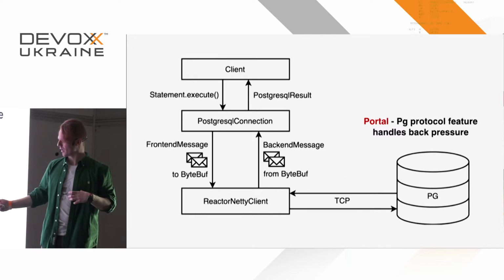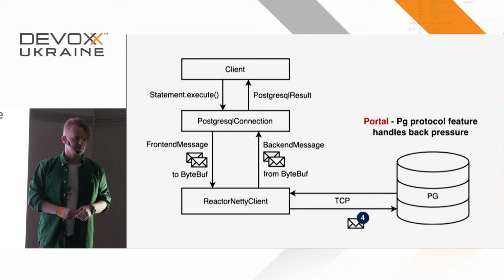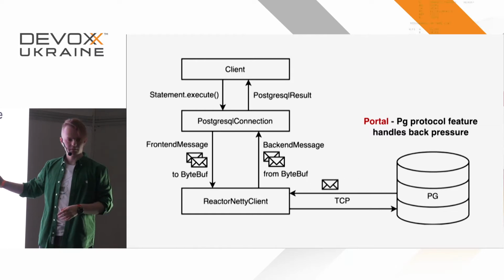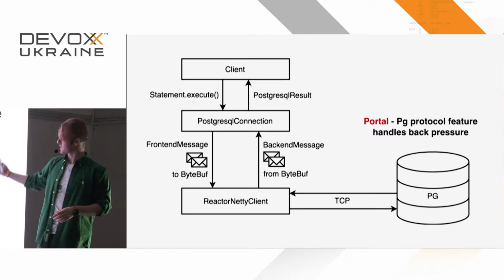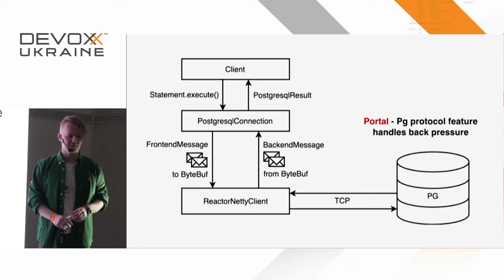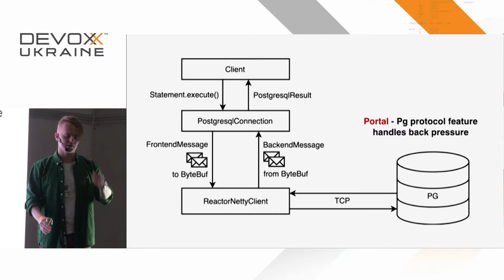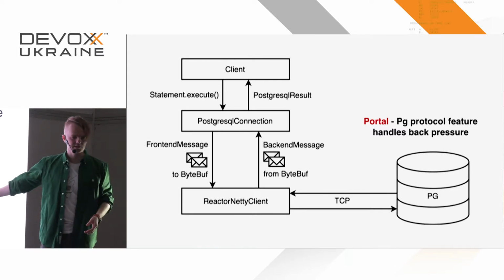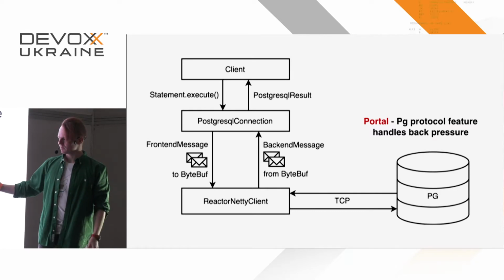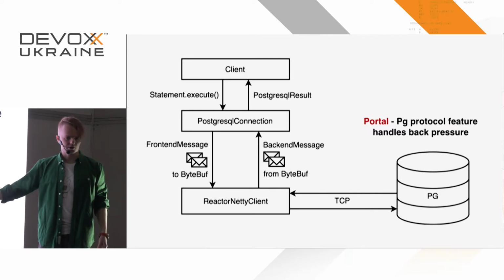Let's say 2. And then send another 4. And only then will the database send me those messages. So even though this was invented when nobody knew what reactive programming or back pressure is, something like the late 80s, it still supports the reactive programming back pressure concept.